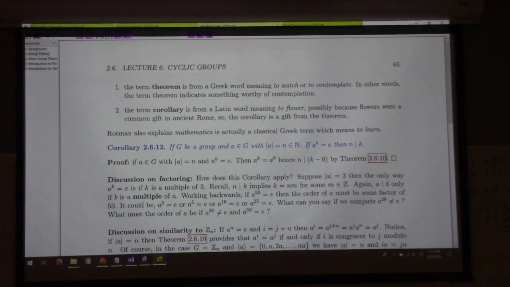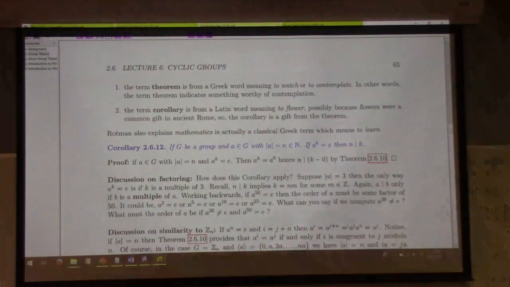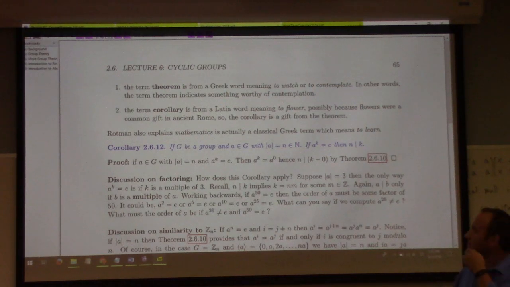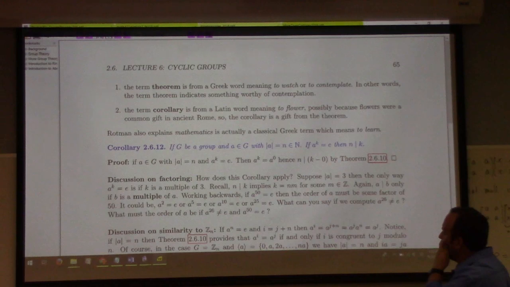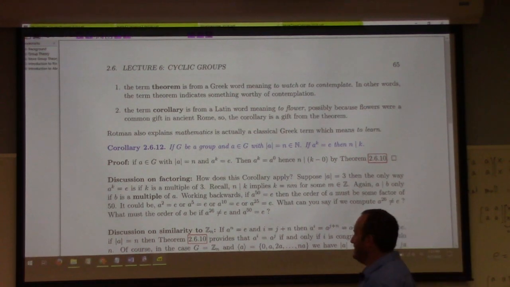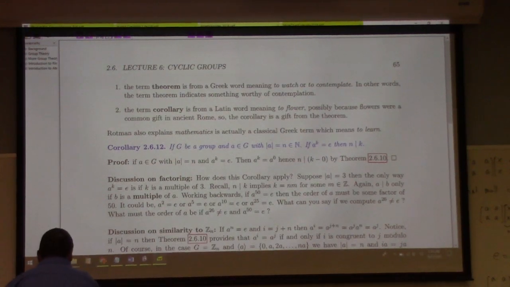Well, it makes sense because if the order of A is n, then it's only going to equal the identity for multiples of n. Right. So you're just saying that any number that you raise A to that is equal to the identity has to be a multiple of n. Should you maybe say let G be? Yeah, let's try that out.